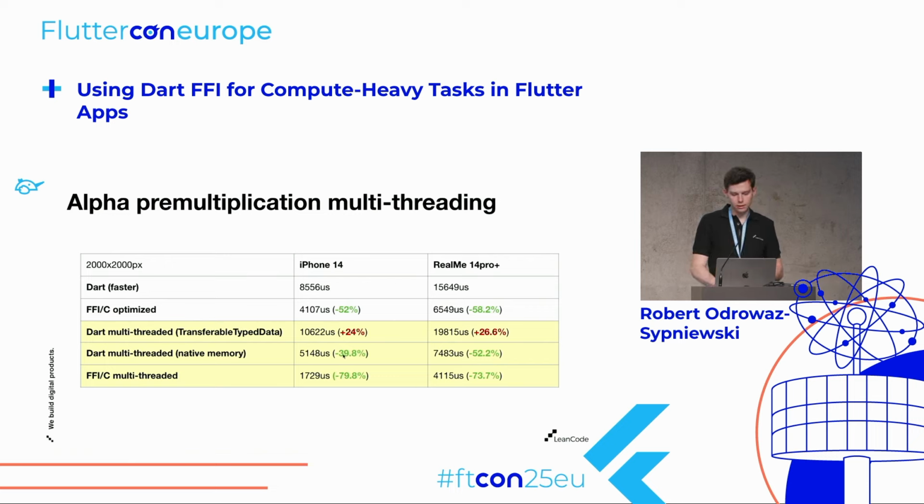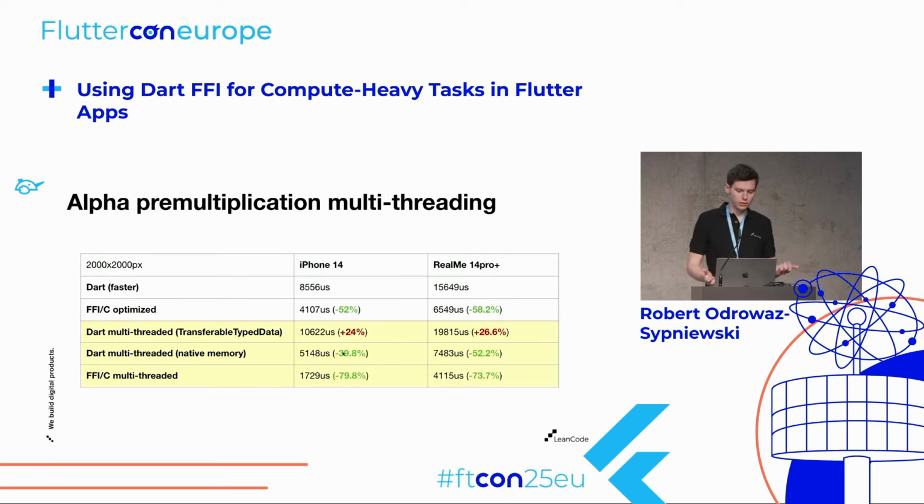And we have second versions from Dart, which are using native memory, because we can also use FFI tools to move data between threads. Right? We can allocate data on the native heap, and then we can access this data from both isolates. So FFI gives us sort of the shared memory that we always wanted to have in Dart threads.